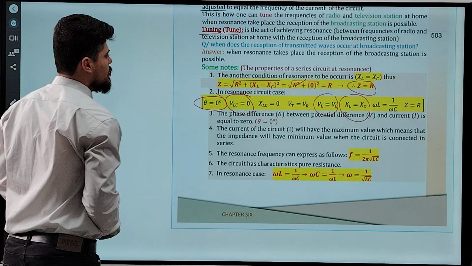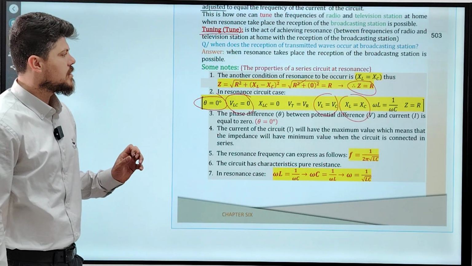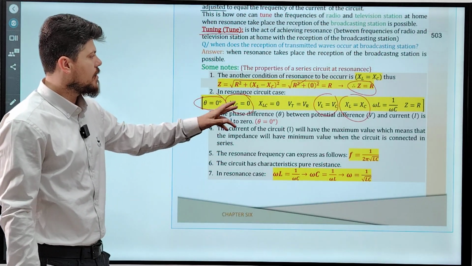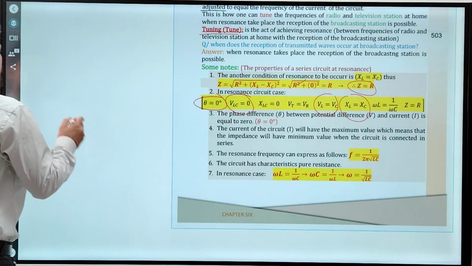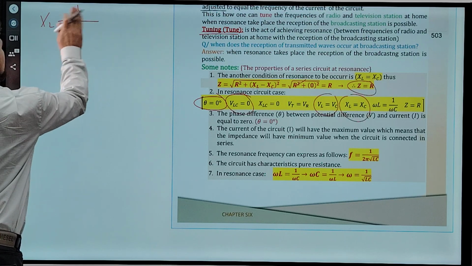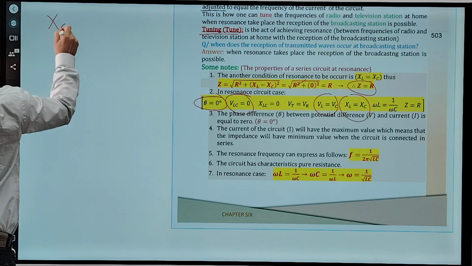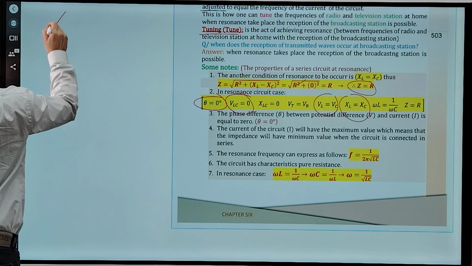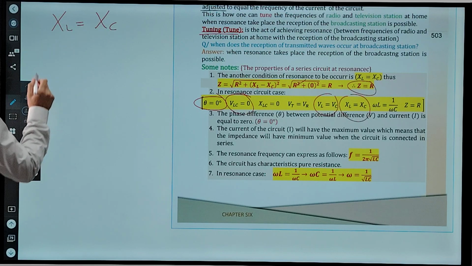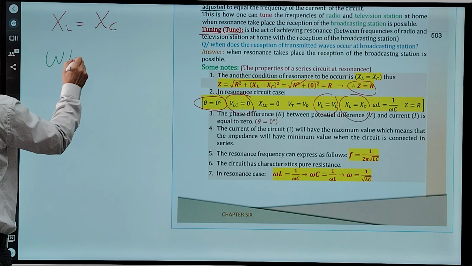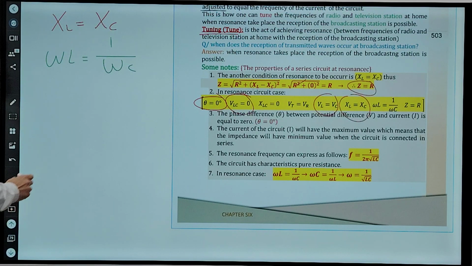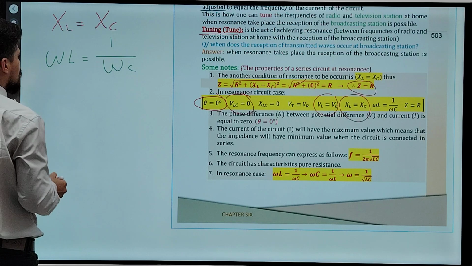Maybe in the exam, they will ask which of the following are correct for the resonance circuit to occur. When XL is equal to XC, XL is omega L and XC is 1 over omega C, so this is also the condition of resonance.